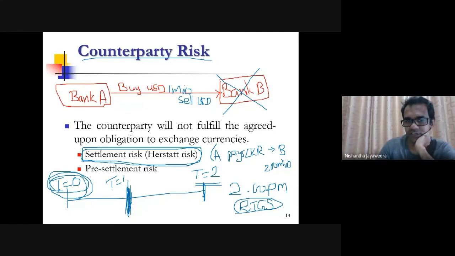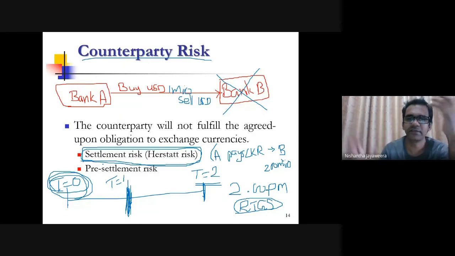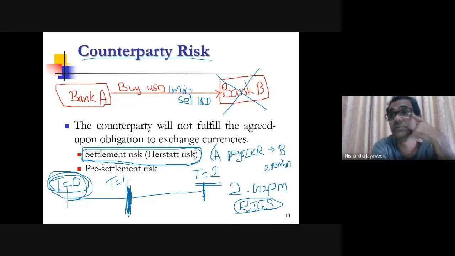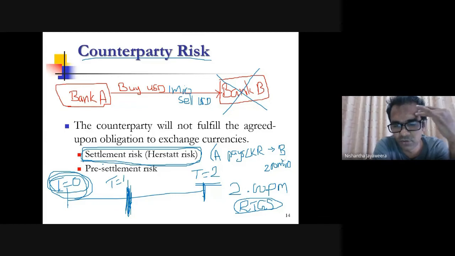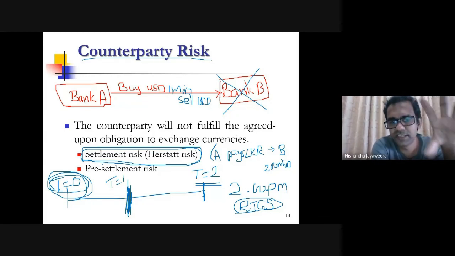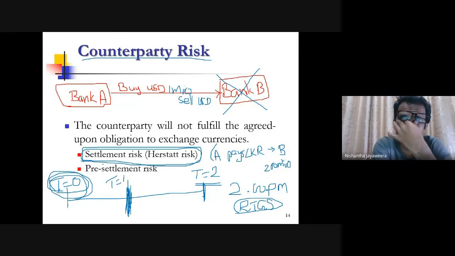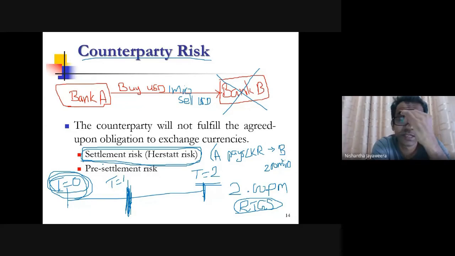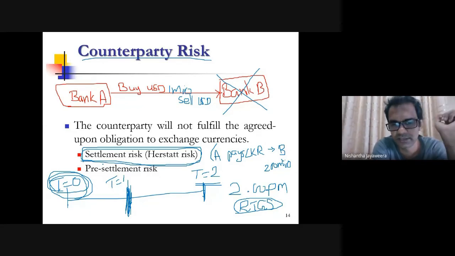But with the failure of one bank, the market might have gone wild, maybe highly volatile. The exchange rate might have moved in one direction. It may be in your favor or it may be against you. So you face that risk still. Though you don't lose your principal amount, there's a cost of replacing your transaction.